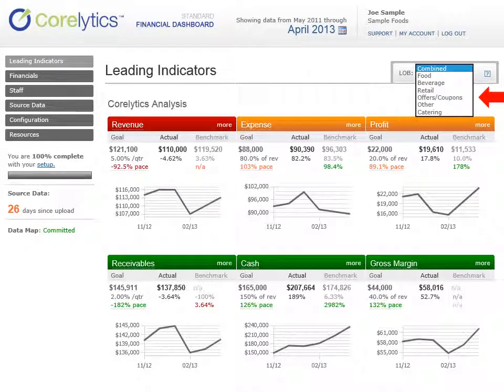Once we've reviewed the financial performance of the entire company, the next step is to drill down to individual parts of the company, into the individual lines of business.